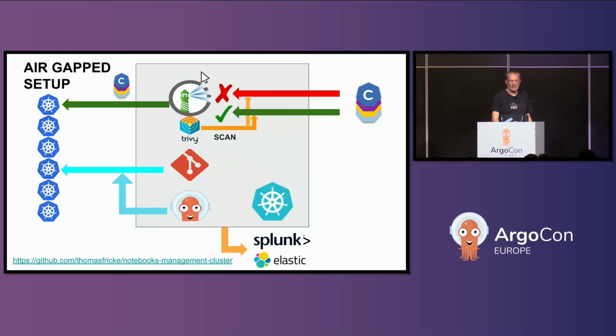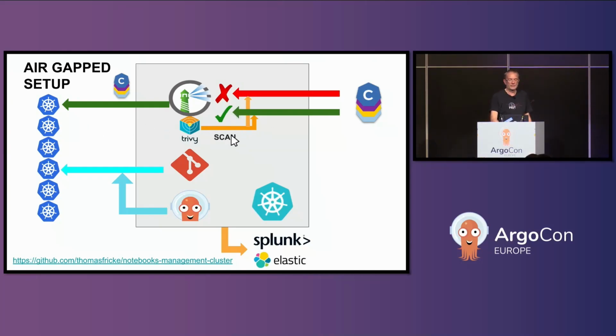So let's go through all the components. First step is Harbor, a cloud native project, and it now has the capability of scanning images. So you should scan every image which goes into your environment.